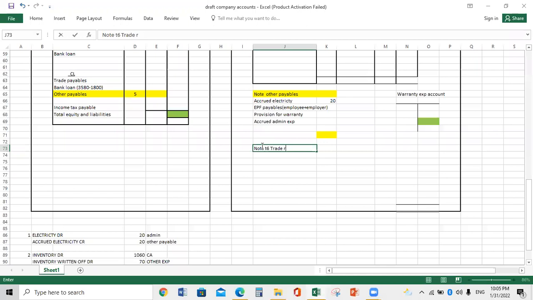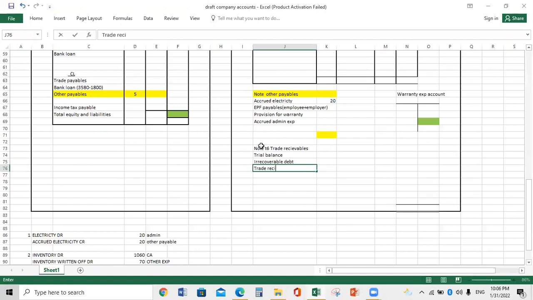Listen guys, what you have to do when it comes to trade receivables is, first of all, you have to take the trial balance value, the trade receivable value given in the trial balance. Then if there is any additional irrecoverable debt, you have to deduct that to get the correct trade receivable value.